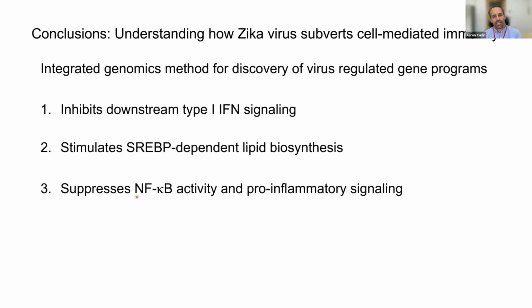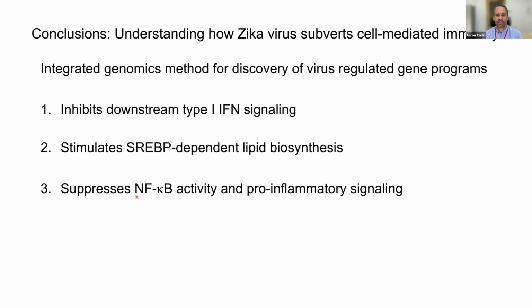Zika virus and dengue virus both inhibit downstream type 1 interferon signaling, but the activation of type 1 interferon is delayed, and that allows initial infection of the infected cells. Zika virus stimulates really no other pathways but SREBP-dependent lipid biosynthetic pathways, which is quite remarkable.